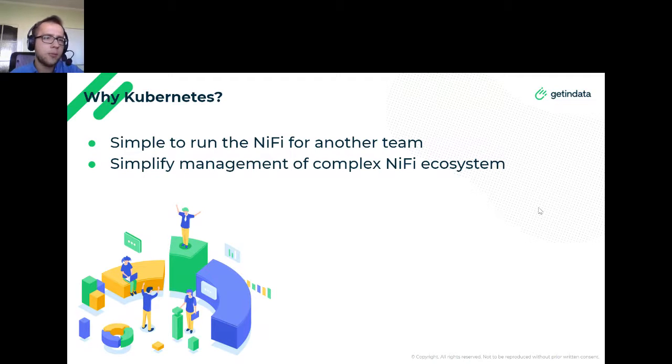The reason we decided to go to Kubernetes is that it simplifies management of the whole NiFi ecosystem, to manage all certificates, configuration files, and all the stuff around it. There is also one important note: Kubernetes simplifies adding a new NiFi instance.